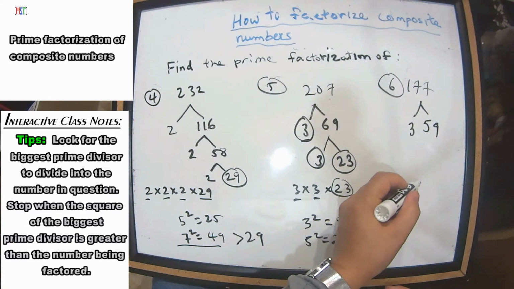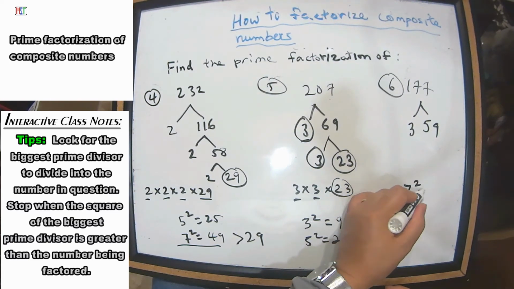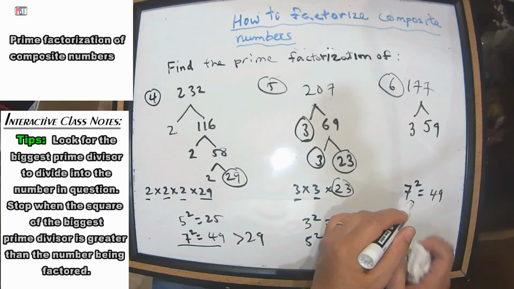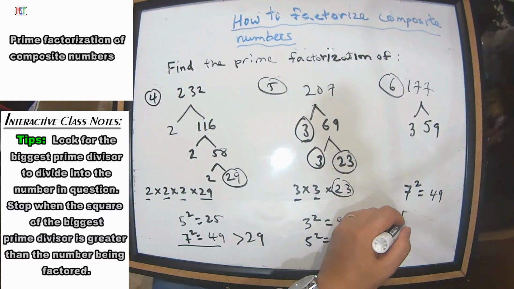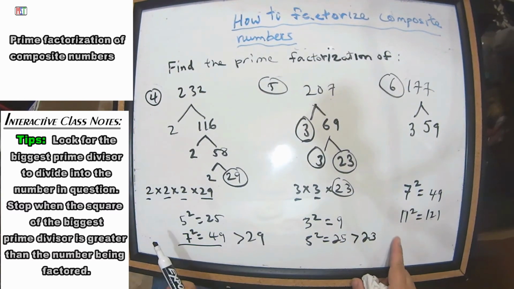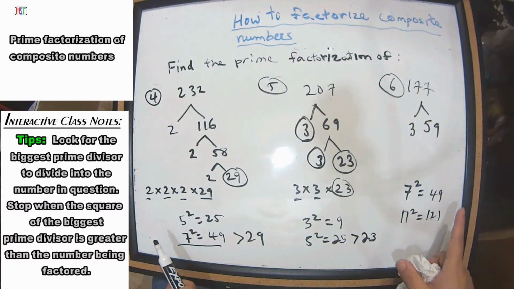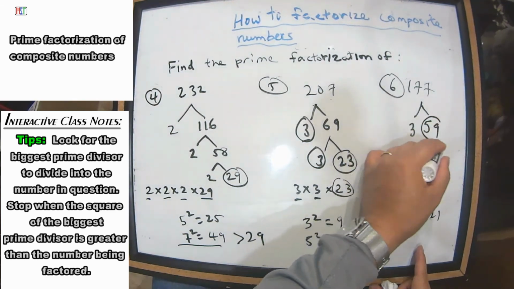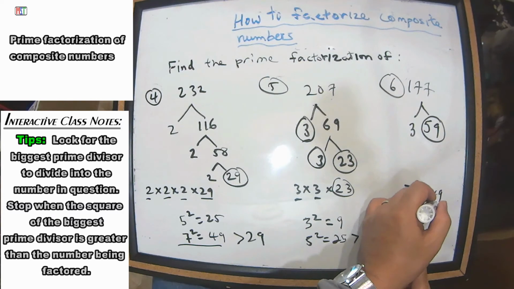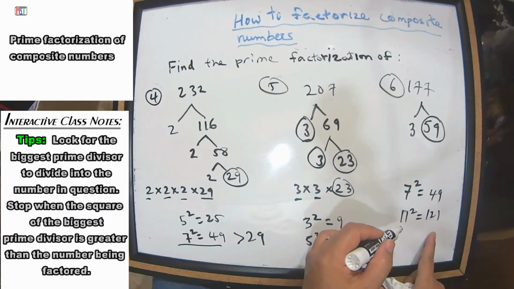So 7 squared will give you 49. And 8 is not a prime number, sorry. 11 squared is 121. Okay, so notice that the number 59 is greater than 49 but less than 121.